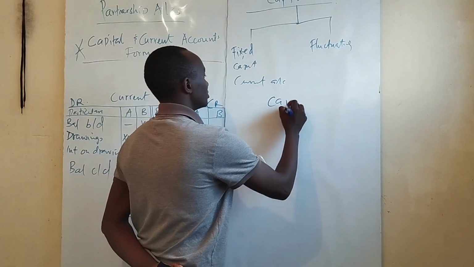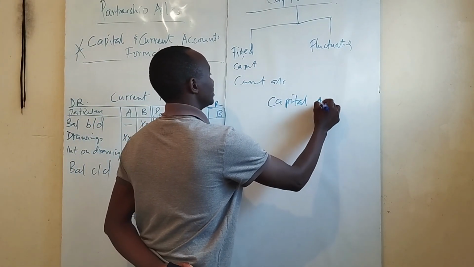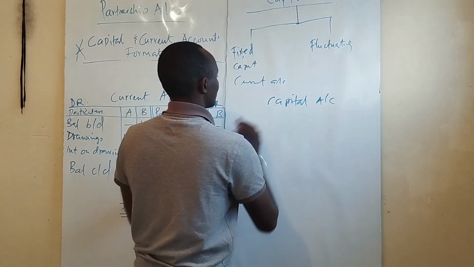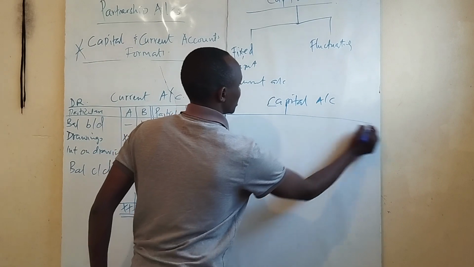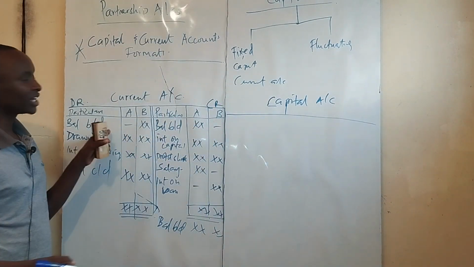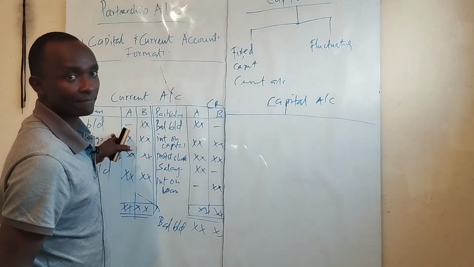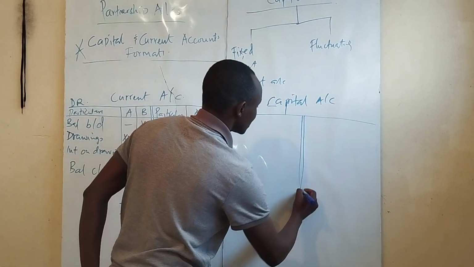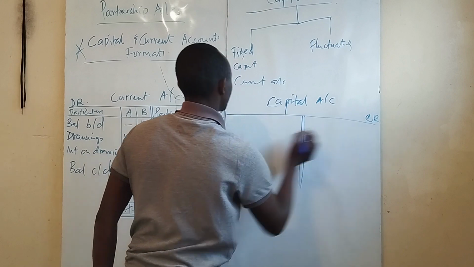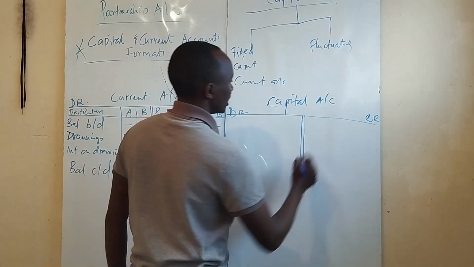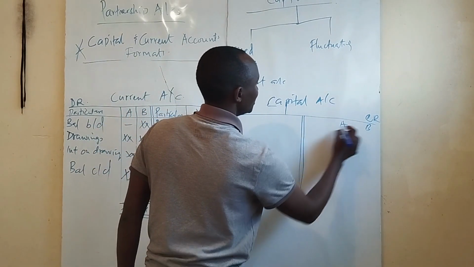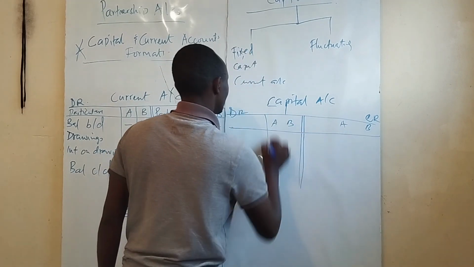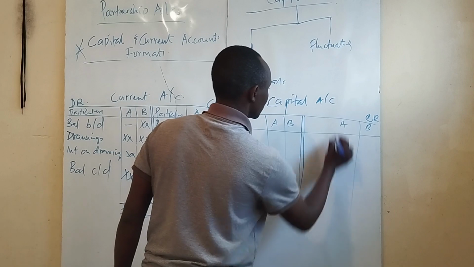You just open the capital account comfortably, just like how we've done the current account, right? Just open it as such, put double lines in the middle to differentiate the credit and debit side, and then you have partner A and B, as such. That is how it is.